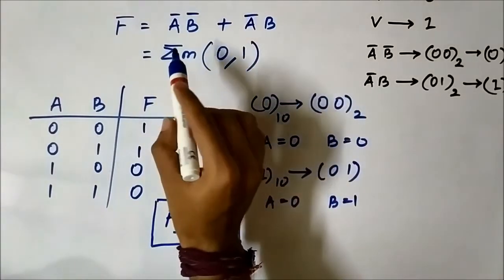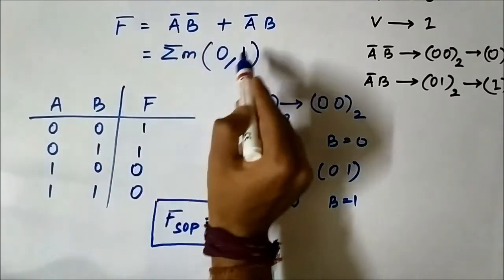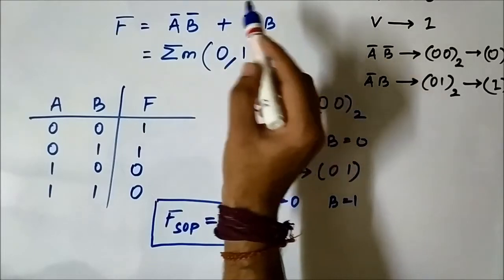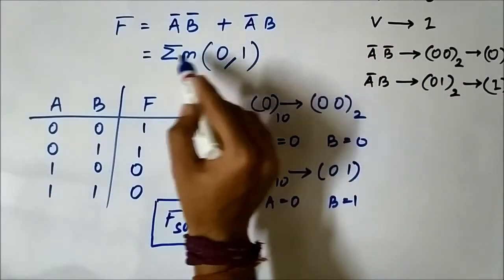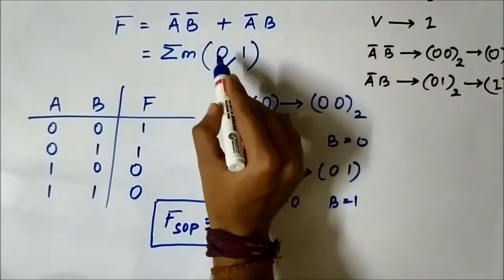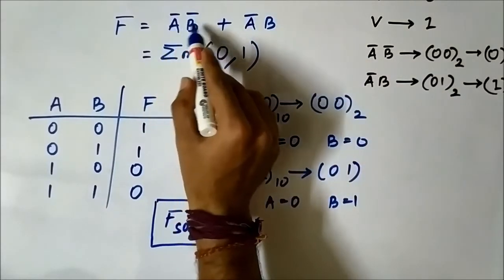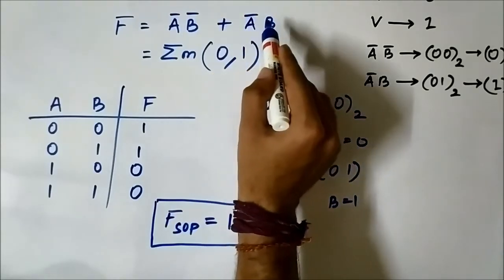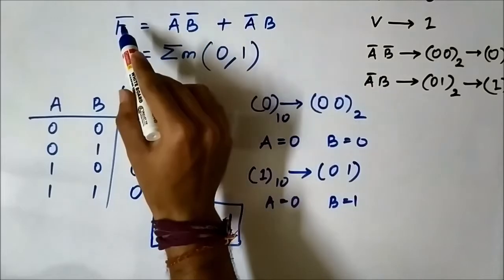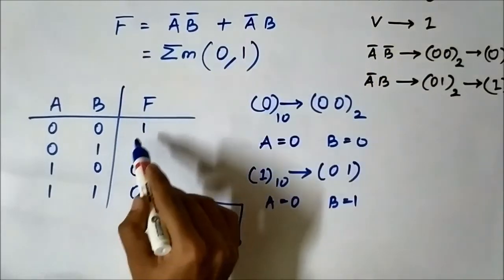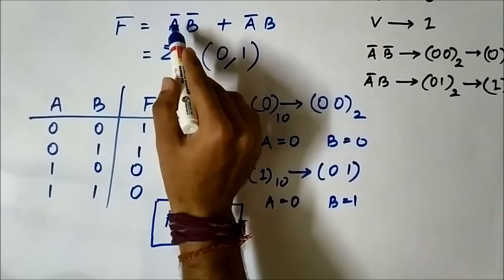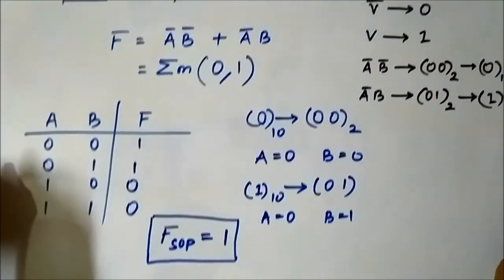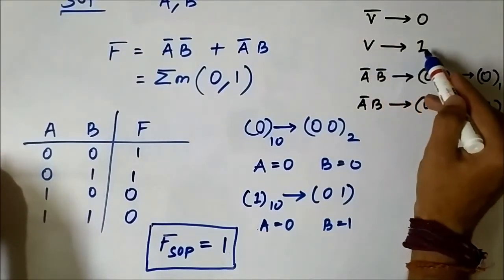It means when we represent the SOP in this form, either in terms of Boolean terms or the min terms in this form, it means at these input combinations A bar B bar, it means A is 0, B is 0, and A bar B, that is A is 0, B is 1. At these input combinations, the value of this expression will be 1. See here, A bar B bar, it means A is 0, B is 0. You can see complemented variables are represented by logic 0 and uncomplemented are represented by logic 1.